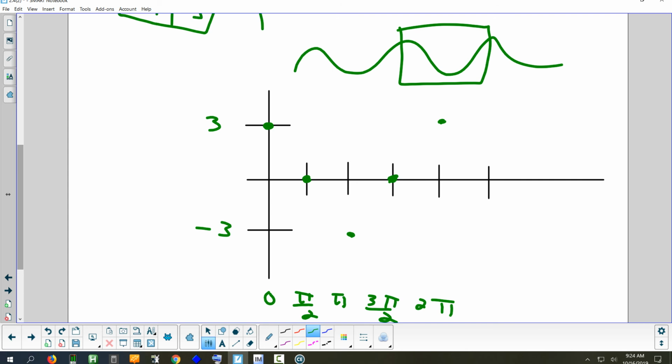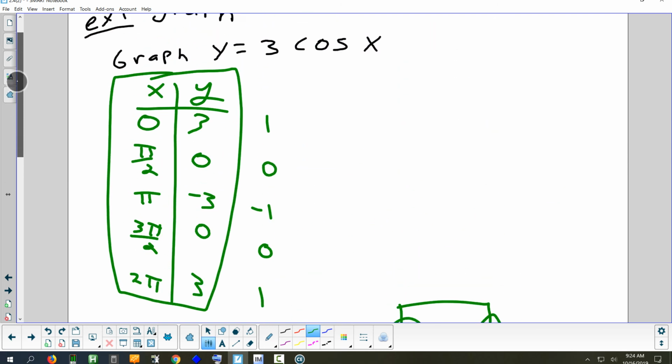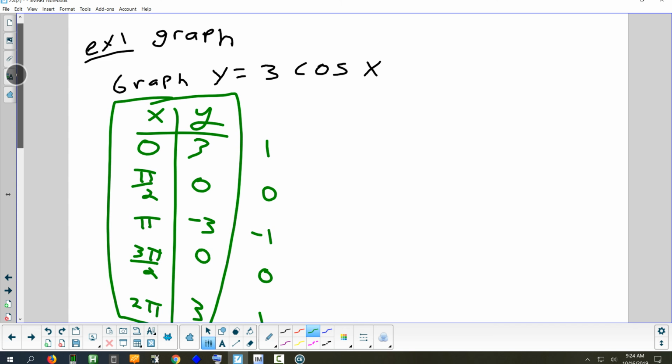So it should have kind of a curve to it. Okay, so it's going to go like this, come down, and go back. Any question on that? That's your sketch.